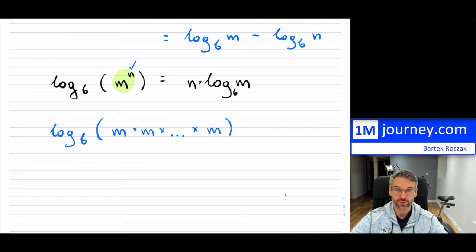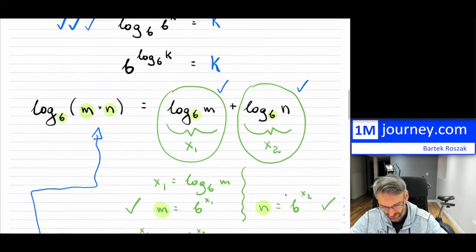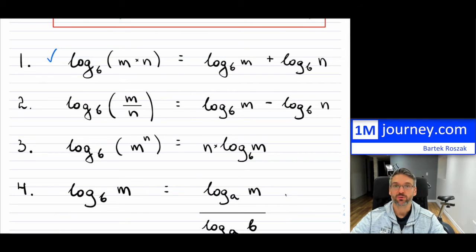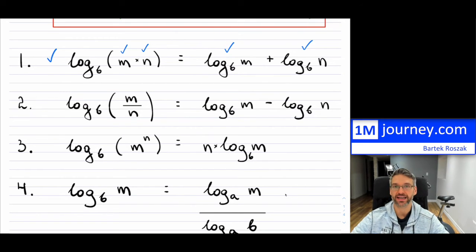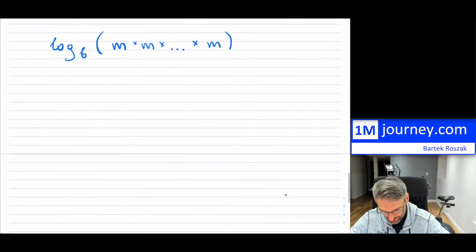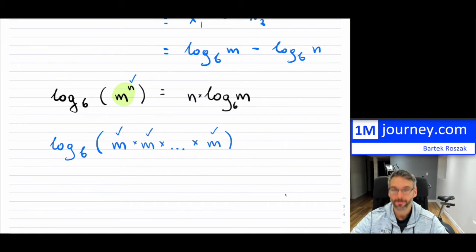But if that is true, I can now actually use the property I just proved. I'm going to go right above here, property number 1, so this one. What this property tells me is that if you multiply two numbers together, it's like taking the log of the individual numbers and then adding them up. In this case, my numbers are the same, the number m for Mary.